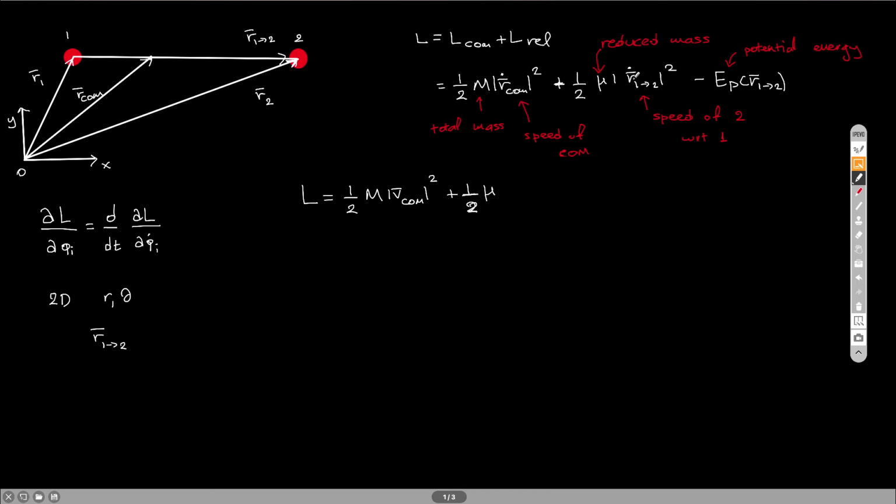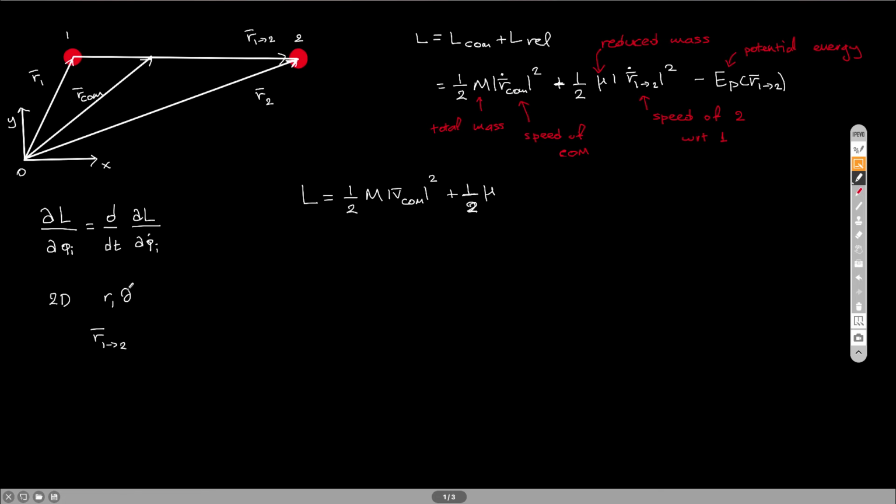And this is the speed, the time derivative of the relative position vector of object 2 with respect to object 1. Now, because I'm using r and theta to describe the vector r from 1 to 2, then the time derivative of this, or the speed, will also be expressed in r, theta, r dot, and theta dot.